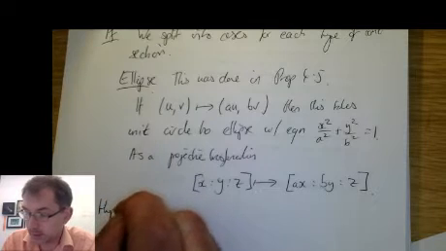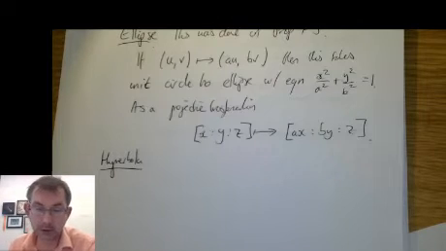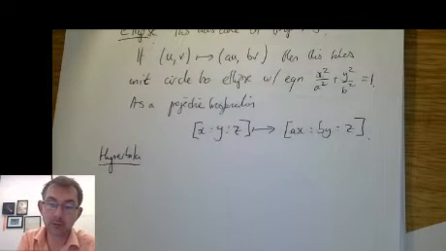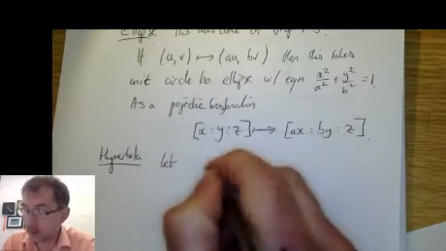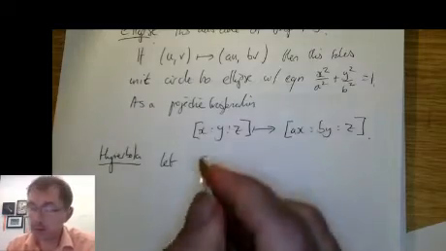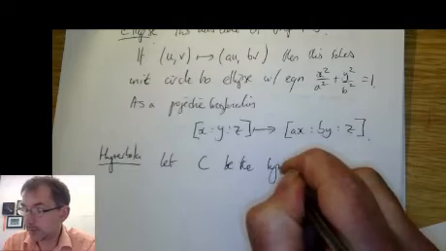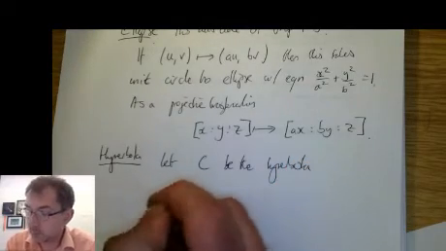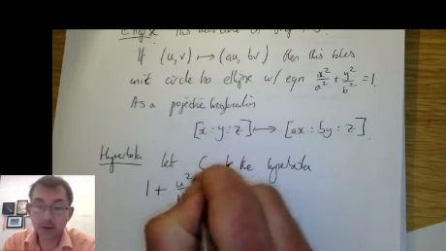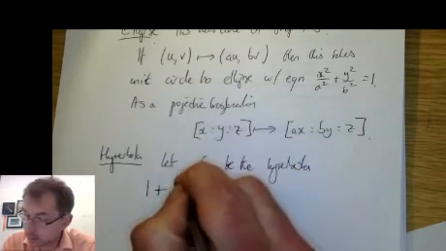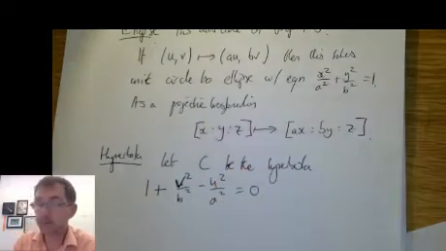How do we transform a hyperbola to a unit circle or backwards? So we'll take a particular hyperbola. Let C be the hyperbola v squared over b squared minus u squared over a squared, minus 1, equal to 0.